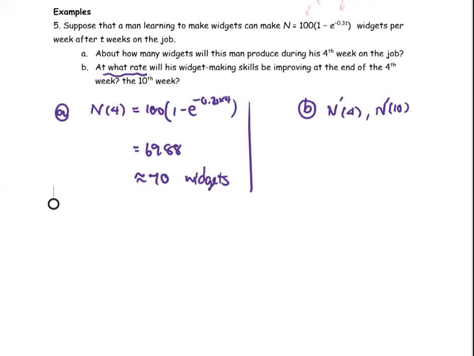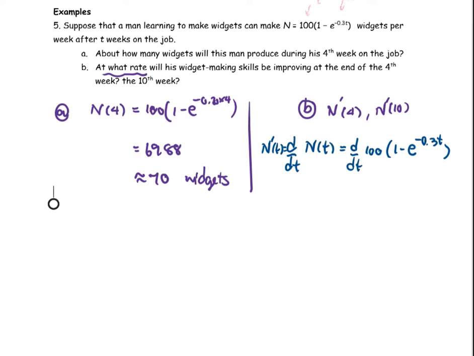For part B, we are going to find the rate of change, or the n prime at 4 and at 10. From the function that we have, we find the derivative with respect to t. The n prime of t is the derivative of 100 multiplied by 1 minus e to the negative 0.3t.